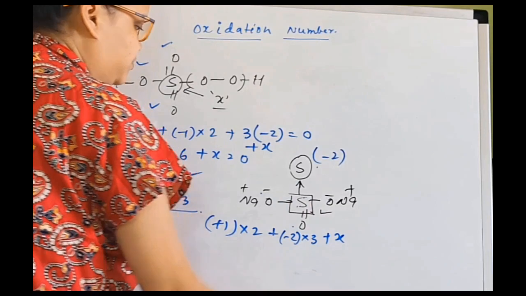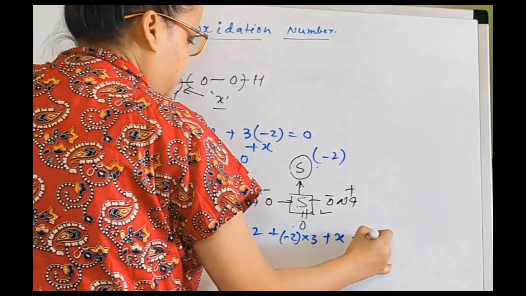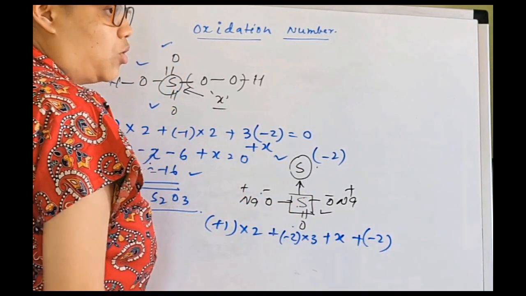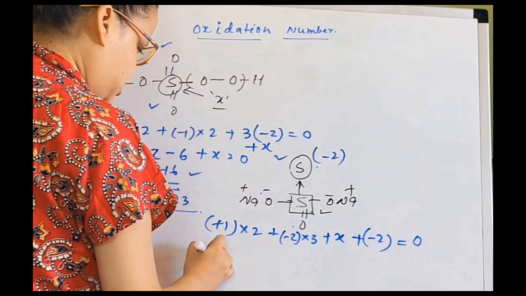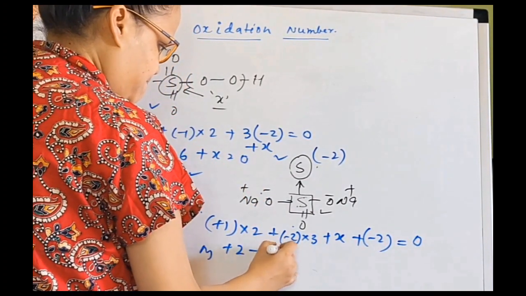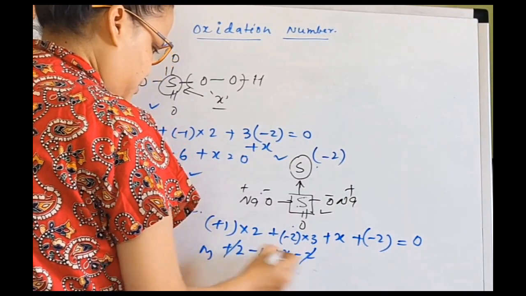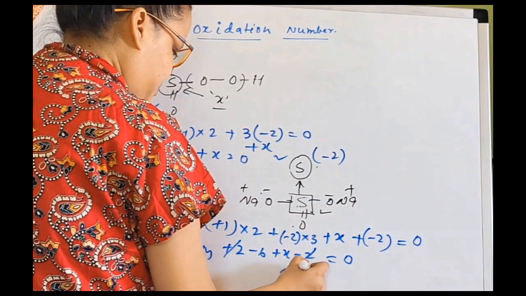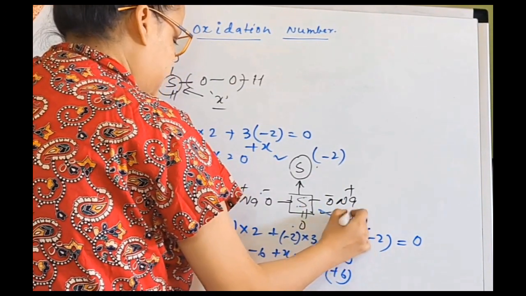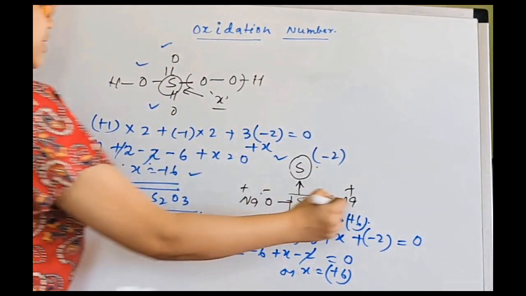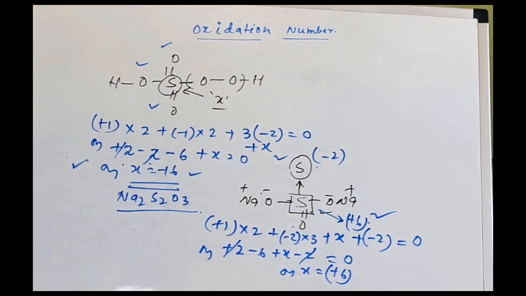This sulfur we don't know, and minus 2 for the sulfur held by the coordinate bond. So here the oxidation number of this sulfur is plus 6. Here and here, the oxidation number of this kind of sulfur is plus 6.